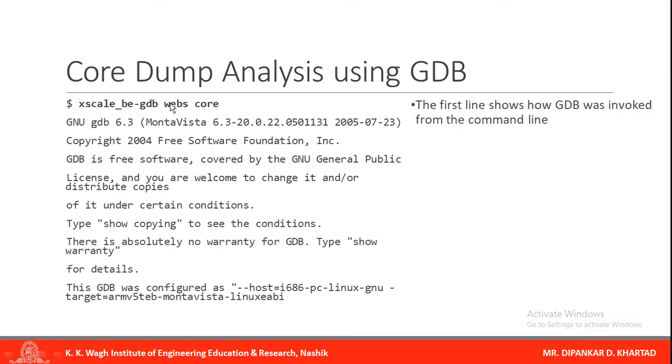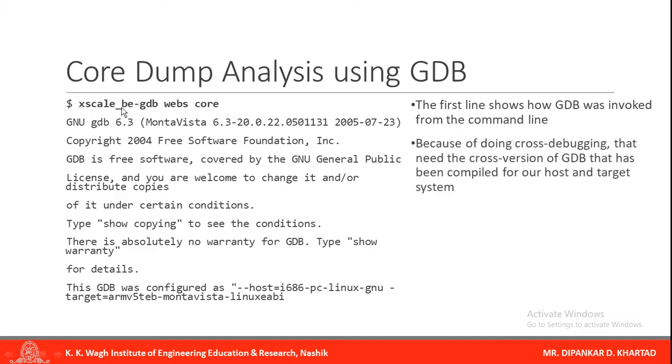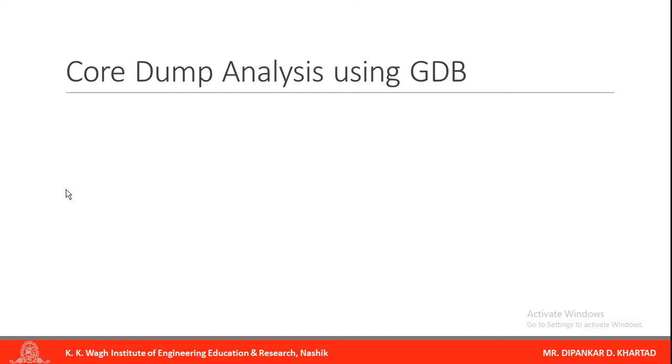Now the first line shows how GDB was invoked from the command line. That's why this command is used to invoke GDB. Because we are doing cross debugging, that needs the cross version of GDB that has been compiled for our host and target system.